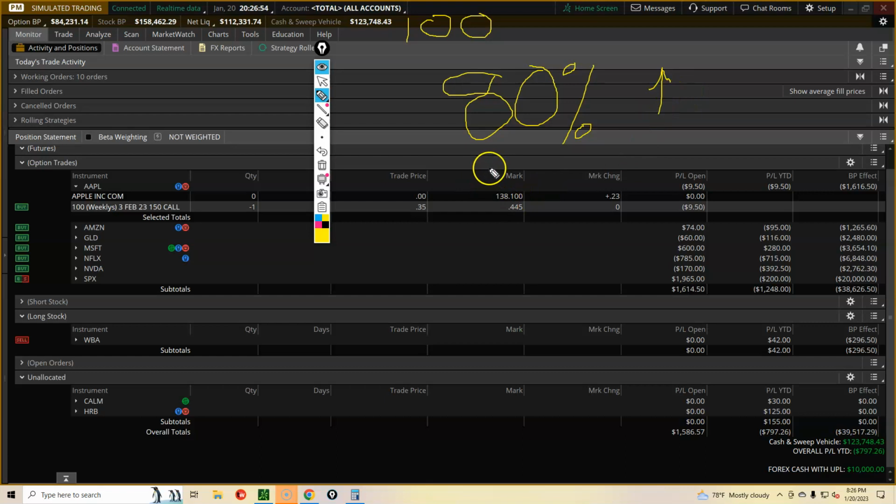And with about, you can juggle these however you want, but this is closer to my personality, with about 10% of your account, you do some high risk, high reward trades.